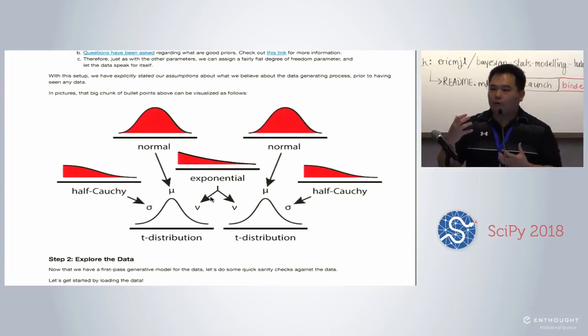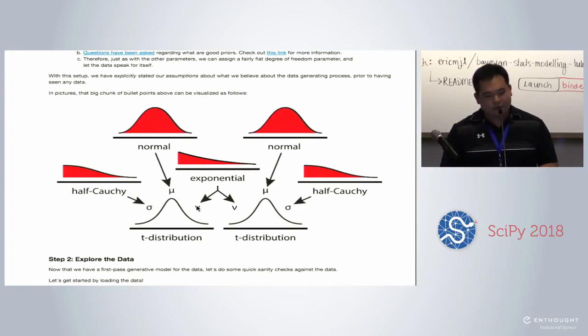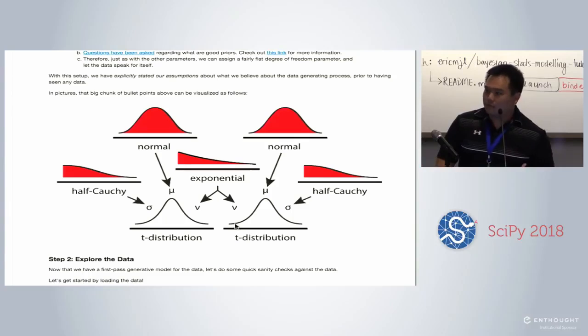Okay, so it's a more flexible distribution, so we might want to use it, but it does introduce this nuisance parameter nu that we don't really care about, but we need it for modeling purposes. In that case, what this means is we need to put a prior distribution on nu, and since, from background knowledge, we know that nu is shared across the groups, it's a degree of freedom parameter, we put one prior distribution and have that nu shared between the two t distributions, right?